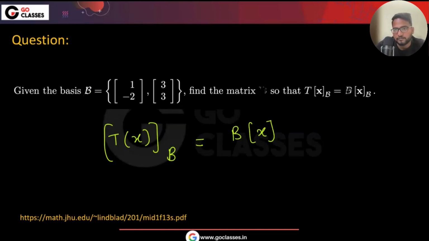So what they're asking for is this M. What should this M be?